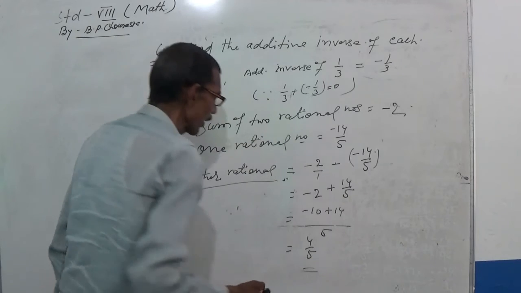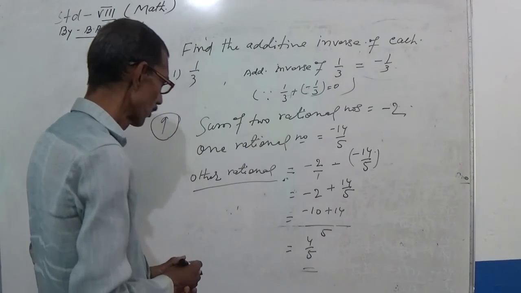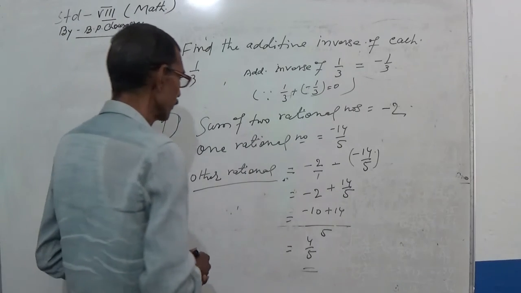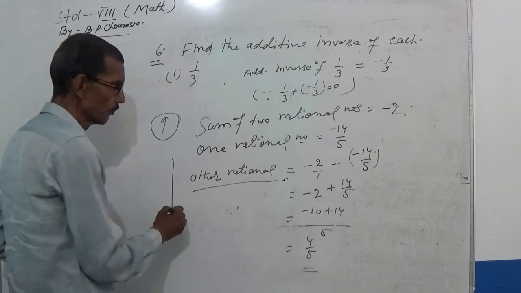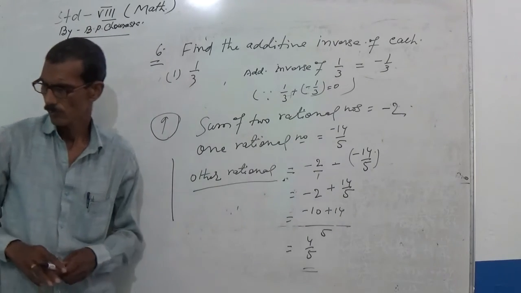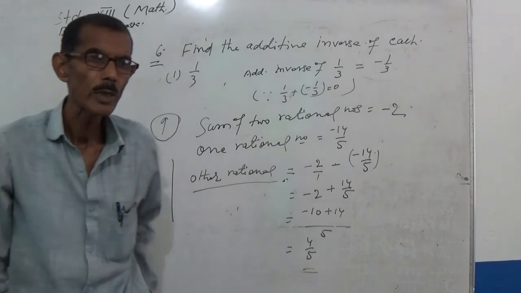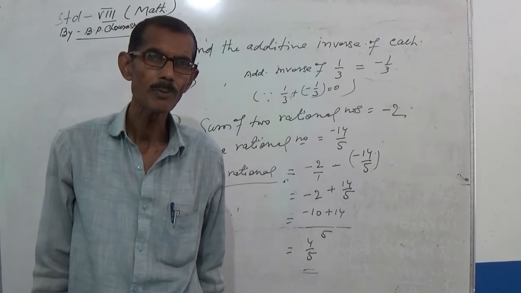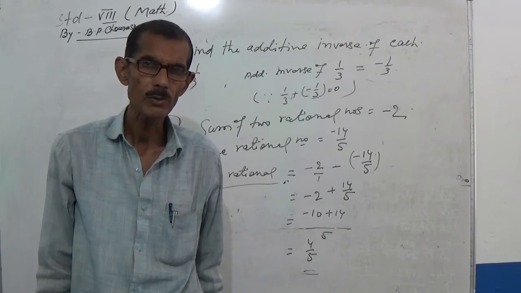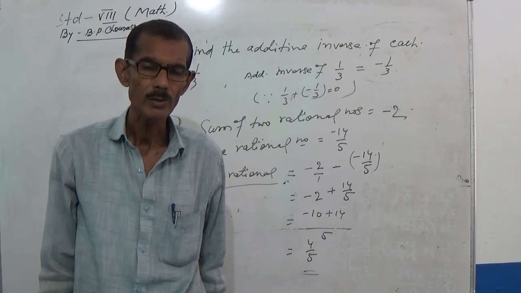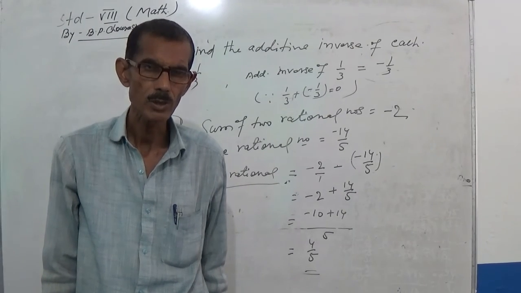This is the other rational number. Now you can solve the other problems of exercise 1A, 1B and 1C.